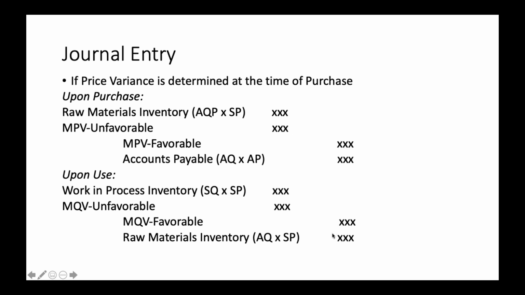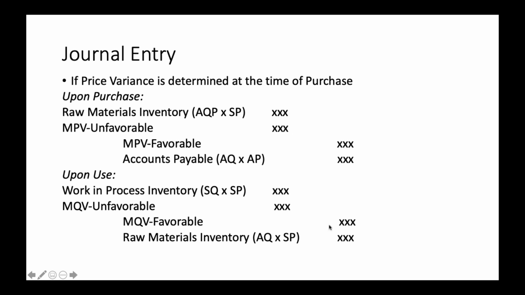And yet in actual, we only use, say, 9 units at 1 peso. So there's a difference between the quantity used. We used less than the standard. This is our standard, this is the actual. Right? So 10 and 9.